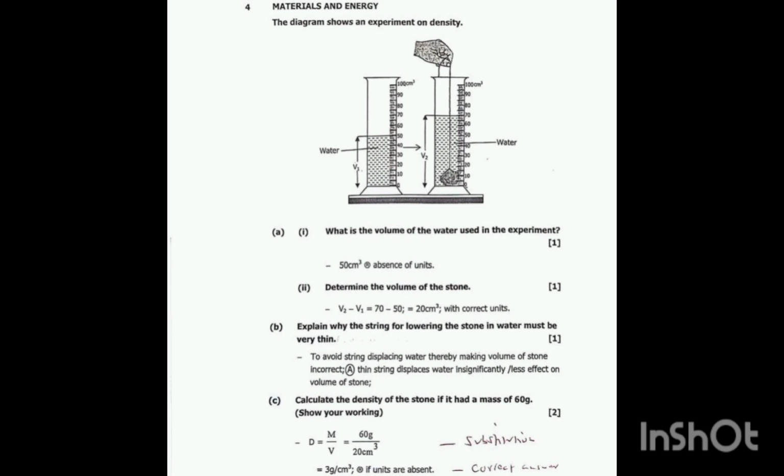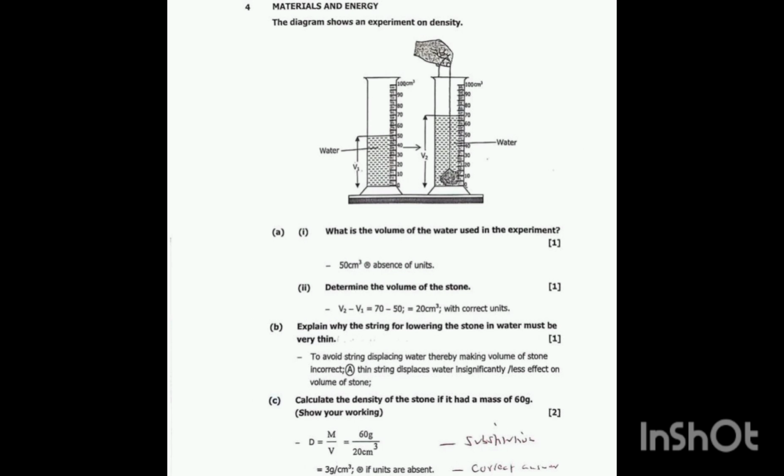Then question C: calculate the density of the stone if it had a mass of 60 grams. They are saying show your working.